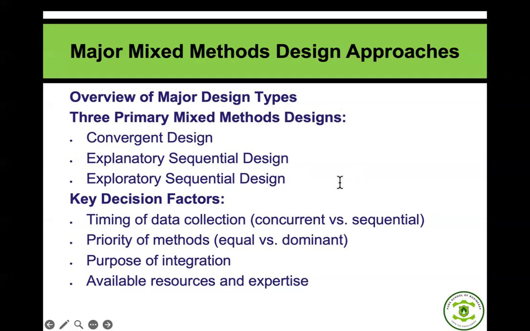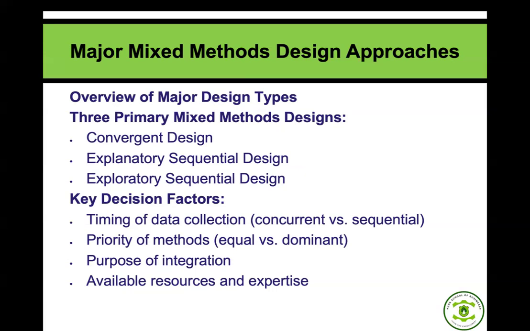The three primary mixed method designs are convergent design, explanatory sequential design, and exploratory sequential design. The key decision factors in terms of which one you use will depend on the timing of your data collection. Are you going to collect data at the same time, that is concurrent, or in a sequential manner such that one will inform the other? So timing of data collection is very important in determining which design approach you use.